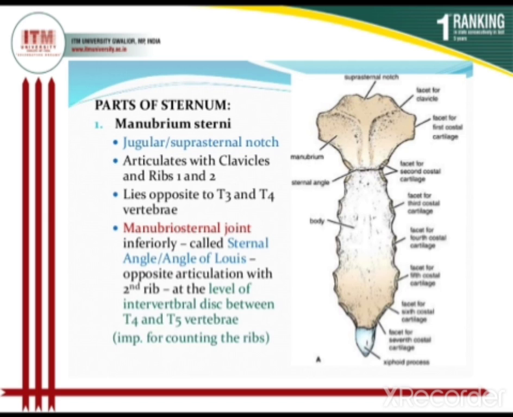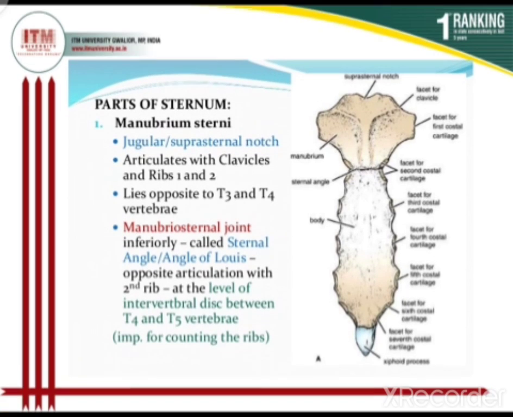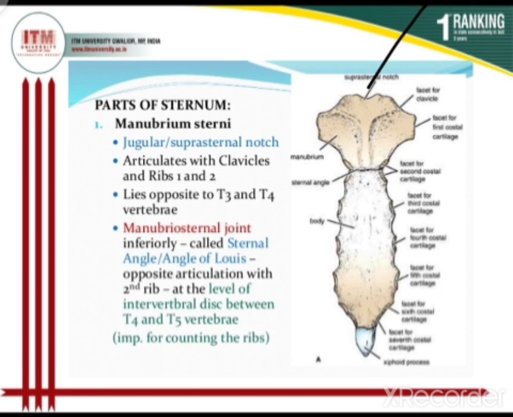It articulates with the clavicles on both sides and with the first and second ribs: here the clavicle, here the first rib, and here the second rib. It lies opposite the T3 and T4 vertebrae.